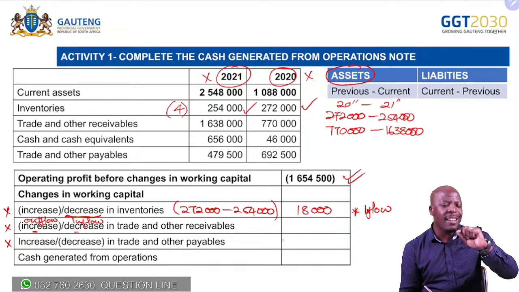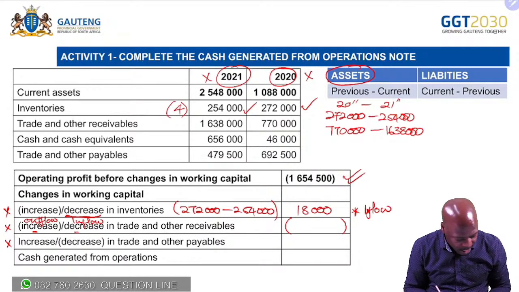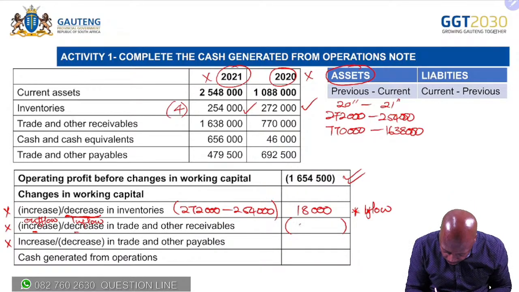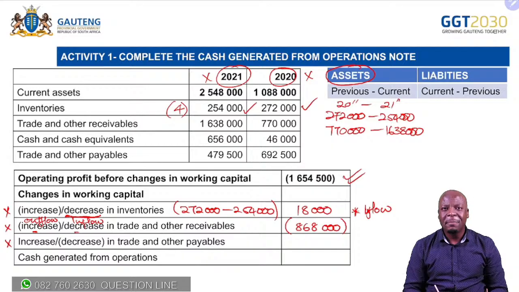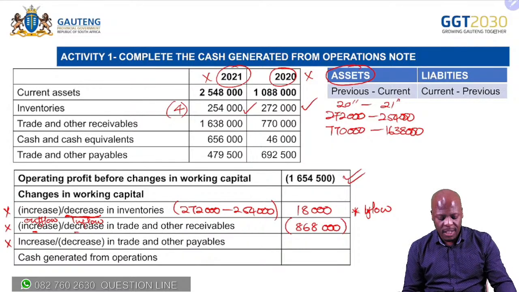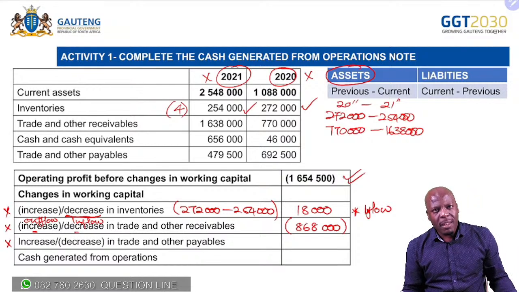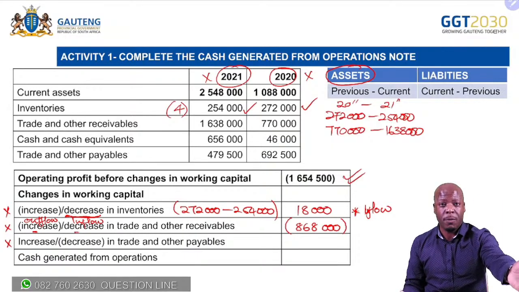Once it is a minus sign in front of the figure, that means it is an outflow. That means I must have a bracket here already, and then I'm going to put my 868,000. Okay? Why? Because my debtors were 770. Now my debtors are 1,638,000. Debtors are not paying me. And when they are not paying me, I consider it a cash outflow.